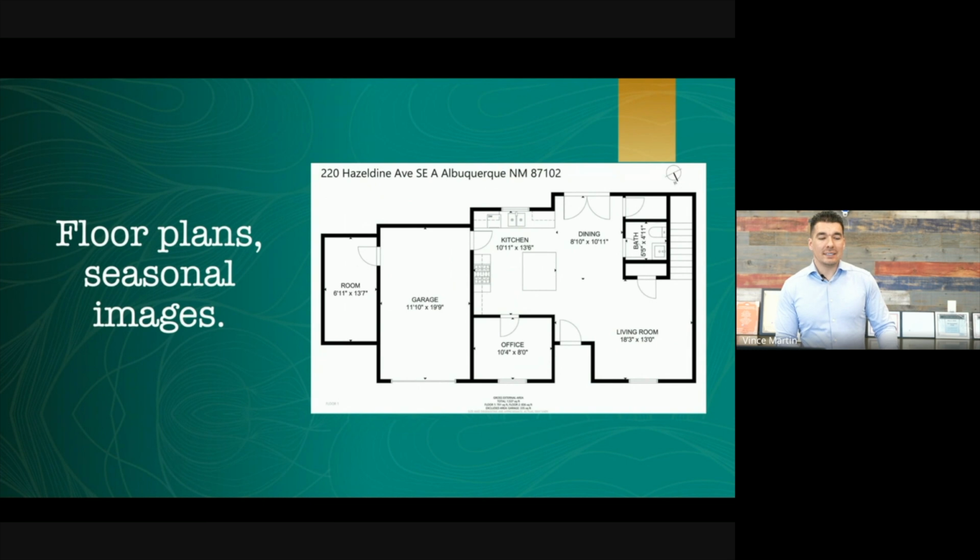Floor plans and seasonal images. My biggest property in Albuquerque is a duplex. It's huge. Each side is over 1,000 square feet, actually over 2,000 square feet because I have the garage space and the livable space with the game rooms. So I have the floor plans on there so that people can get a good feel of where they're sleeping, right?